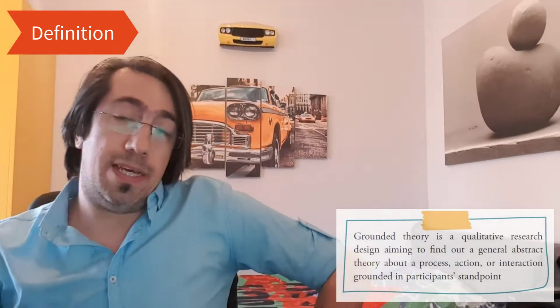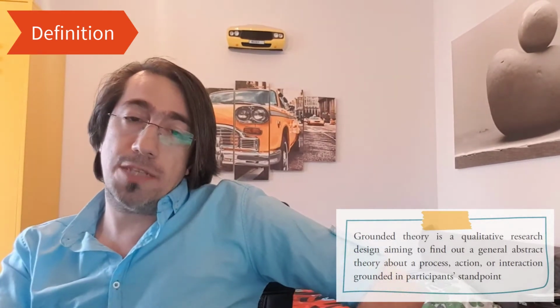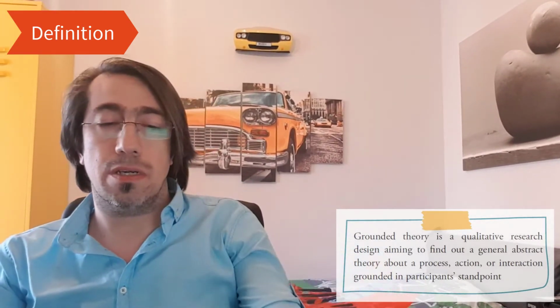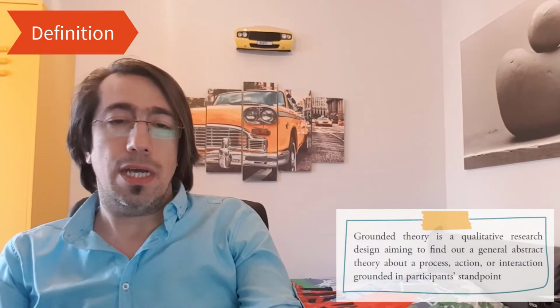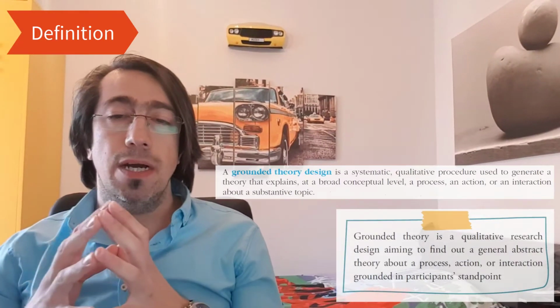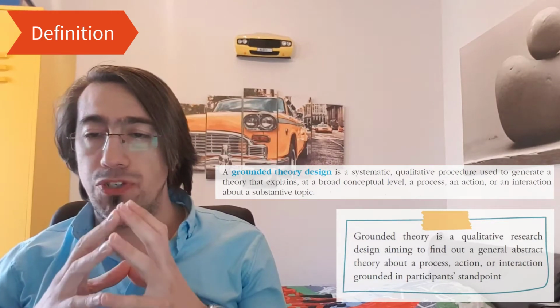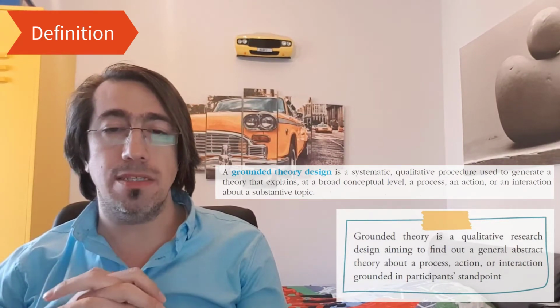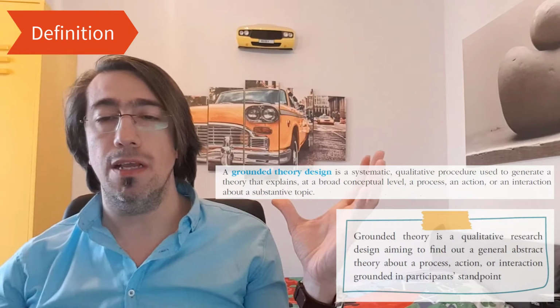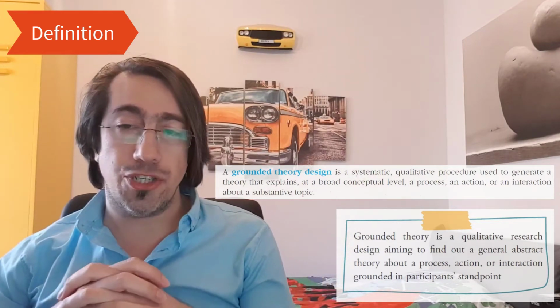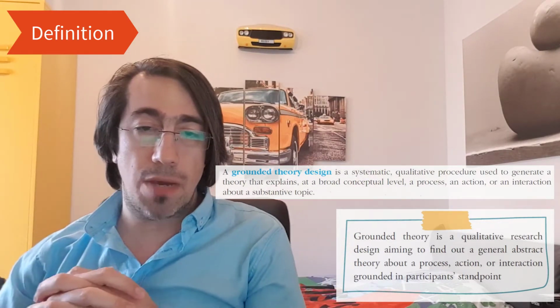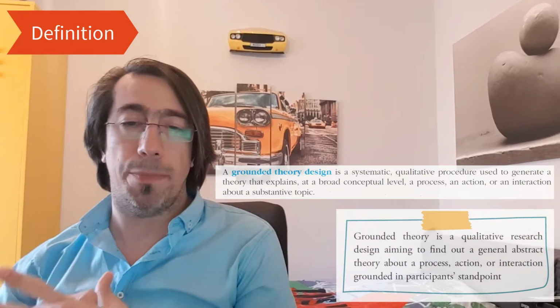And another explanation from Creswell: a grounded theory design is a systematic qualitative procedure used to generate a theory that explains at a broad conceptual level a process, an action, or an interaction about a substantive topic.